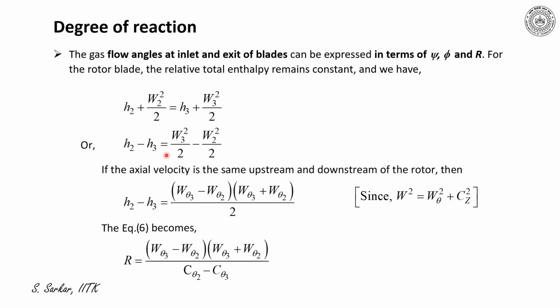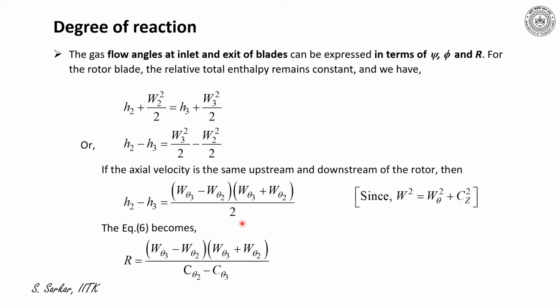Hence, H2 minus H3 is equal to W3 squared by 2 minus W2 squared by 2. Considering the velocity triangle, I can write W squared is equal to W theta squared plus Cz squared. So putting the value of W3 squared and W2 squared in this expression, I can write H2 minus H3 is equal to W theta 3 minus W theta 2 into, within the bracket, W theta 3 plus W theta 2 divided by 2.